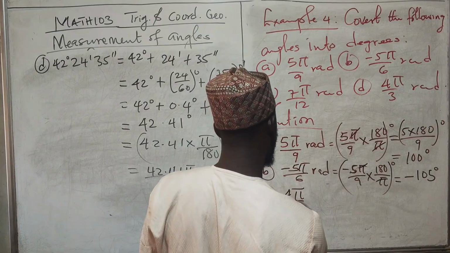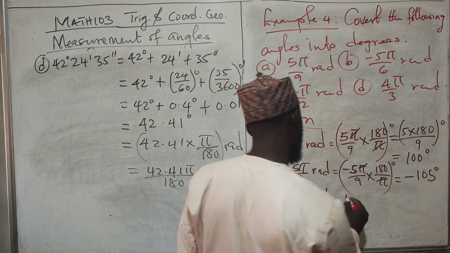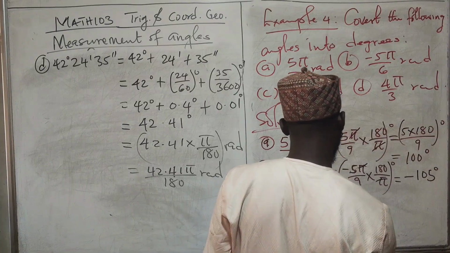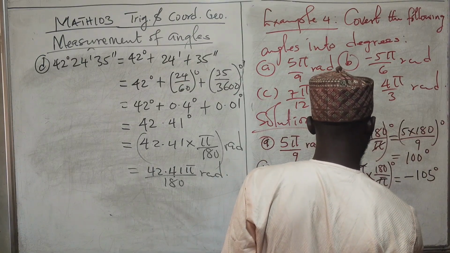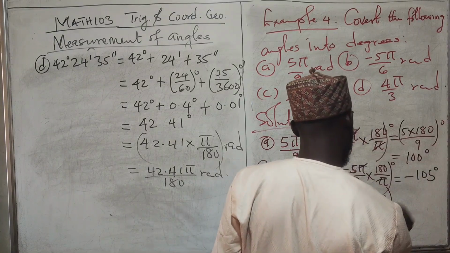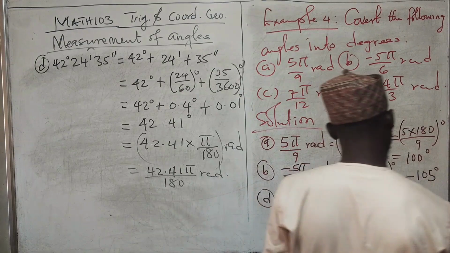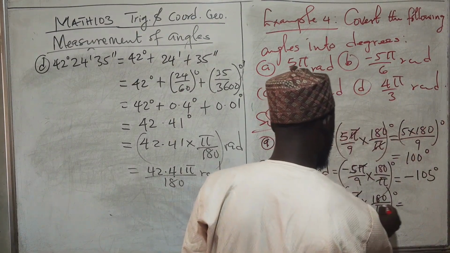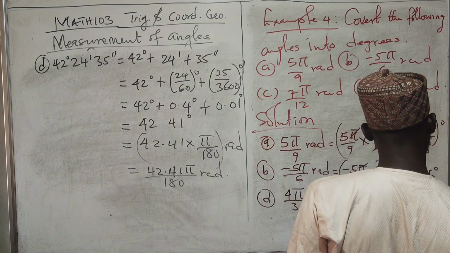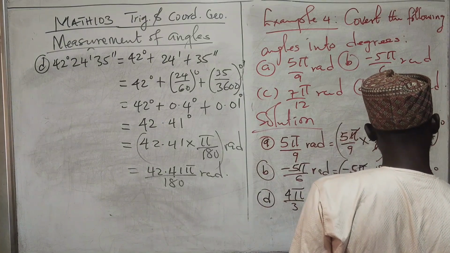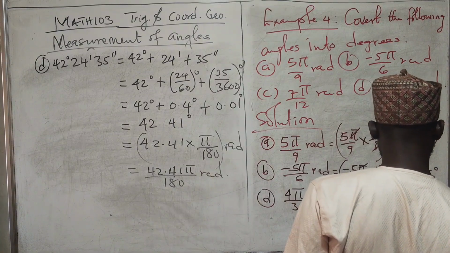So this is equal to 4 pi over 3 times 180 over pi. After solving the content of the bracket, you are in degrees. And so pi will cancel pi. You are left with 4 times 180 over 3 in degrees. So after solving, you have 240 degrees.